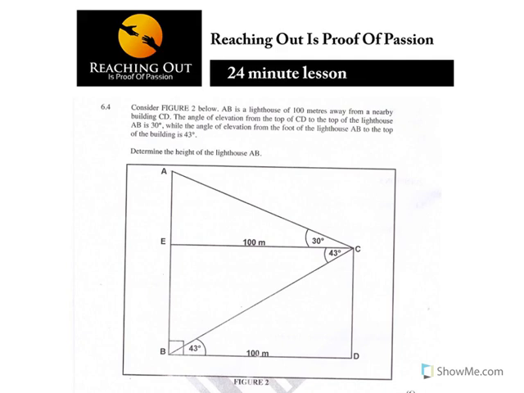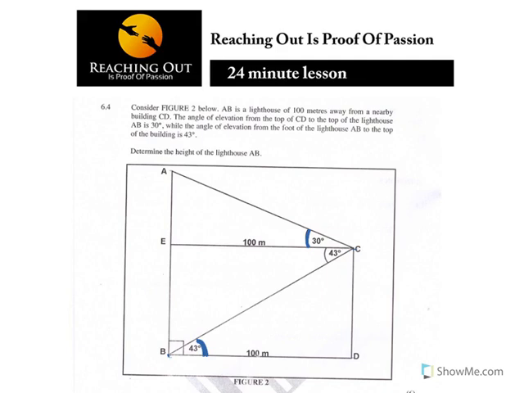So there is A, there is B, there is building C, and there is building D. The angle of elevation from the top of CD to the lighthouse AB is 30 degrees. I think they're talking about that angle. While the angle of elevation from the foot of the lighthouse AB, so the foot is this one, to the top of the building, remember the building is CD, is 43 degrees. I think they were talking about that one.